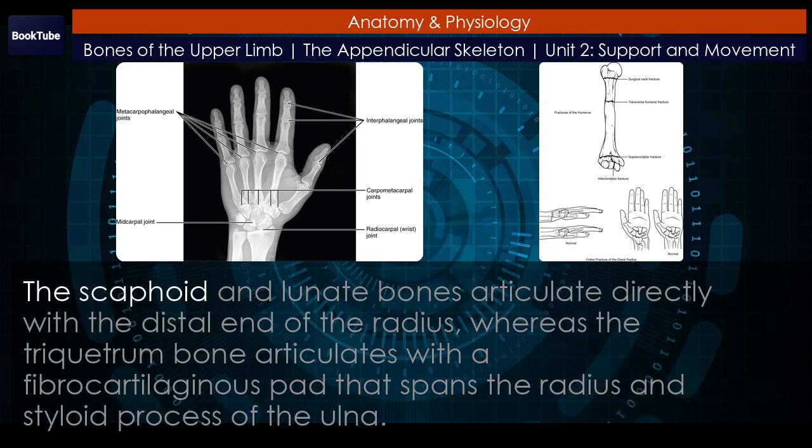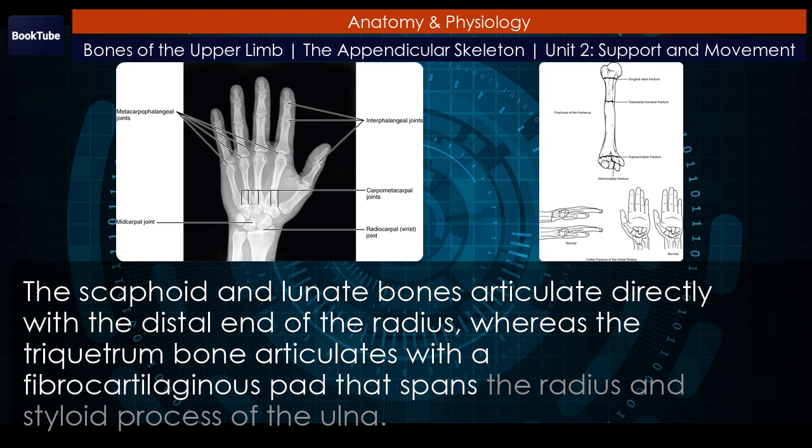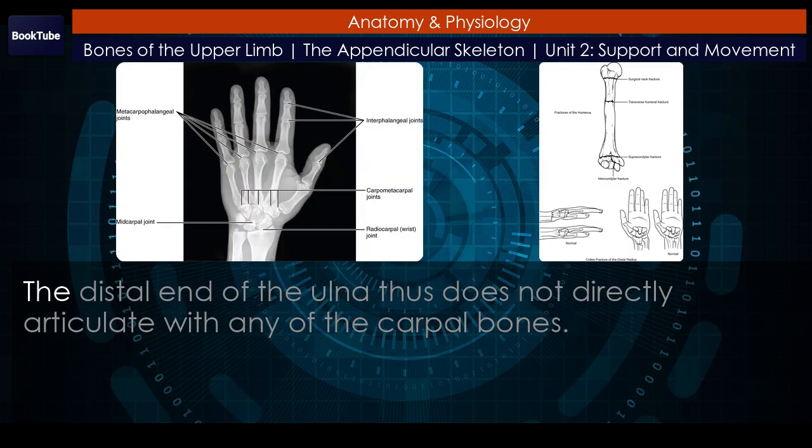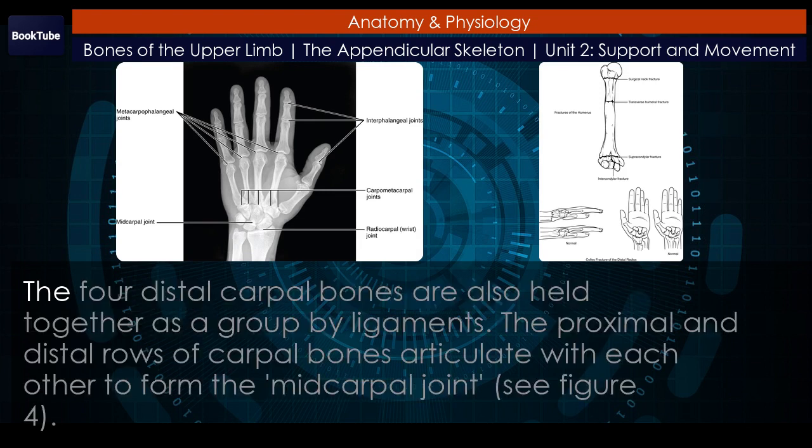The scaphoid and lunate bones articulate directly with the distal end of the radius, whereas the triquetrum bone articulates with a fibrocartilaginous pad that spans the radius and styloid process of the ulna. The distal end of the ulna thus does not directly articulate with any of the carpal bones. The 4 distal carpal bones are also held together as a group by ligaments.